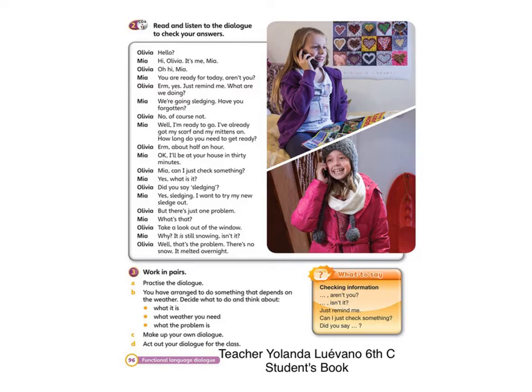Hello? Hi Olivia, it's me, Mia. Oh, hi, Mia. You are ready for today, aren't you? Yes. Just remind me, what are we doing? We're going sledging. Have you forgotten? No, of course not. Well, I'm ready to go. I've already got my scarf and my mittens on. How long do you need to get ready? About half an hour.